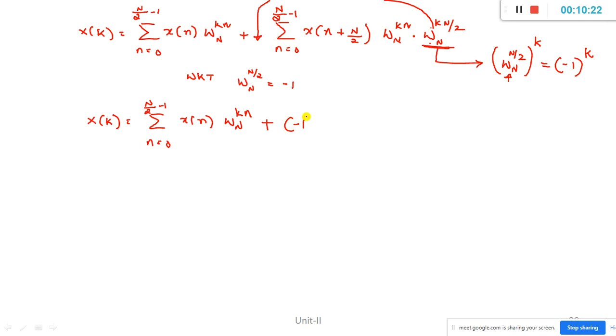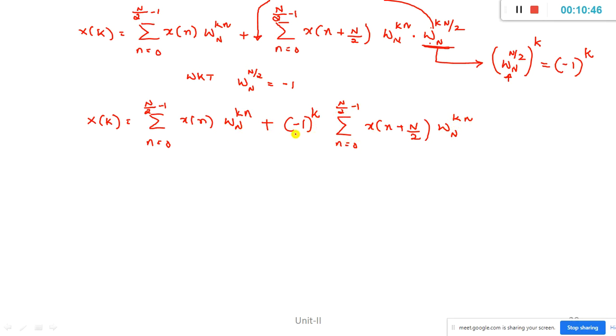So I keep this as minus 1 whole to the power of k. Next, the summation remains unaltered within this. It doesn't affect my summation. That's what I'm trying to say here. That's it. W_N to the power of kn. So the rest of the equation remains as it is. So now you got the point, I hope.